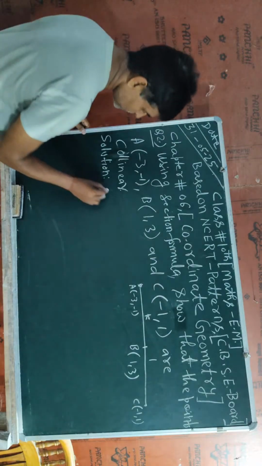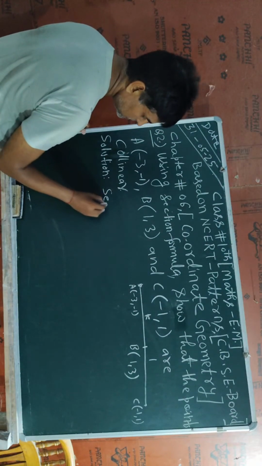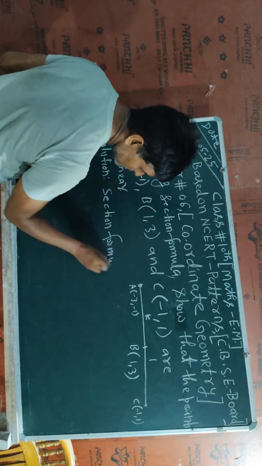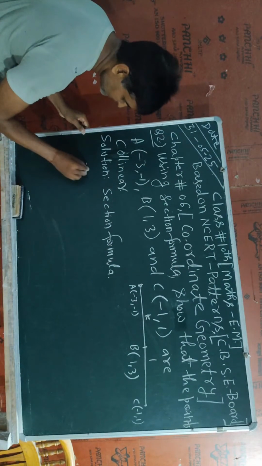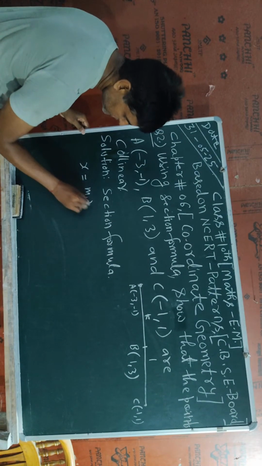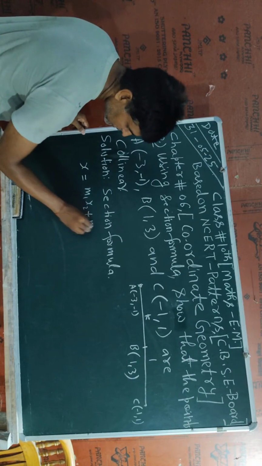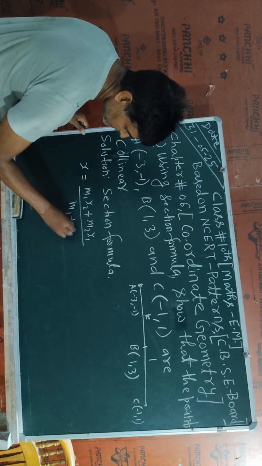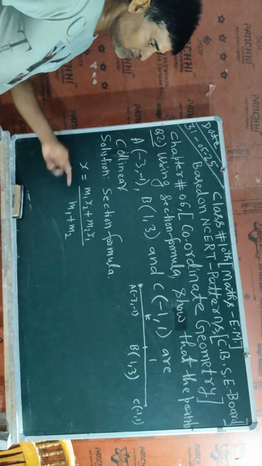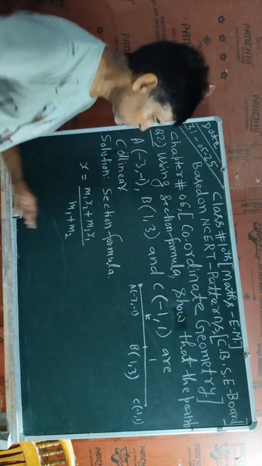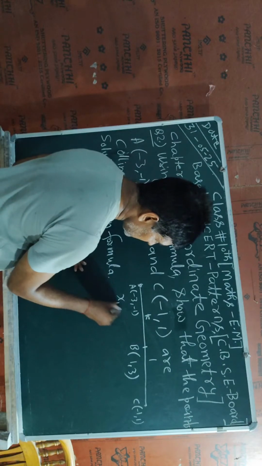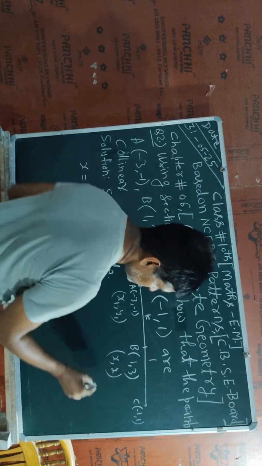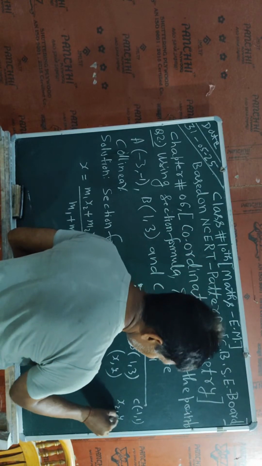Here I will use the section formula. I will write the x coordinate, that will be m1 x2 plus m2 x1 divided by m1 plus m2. Okay, students, so this is x1 comma y1, this will be x comma y, and this will be x2 comma y2.